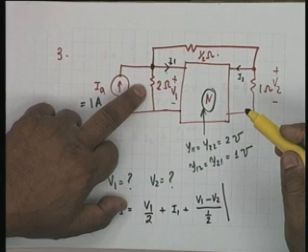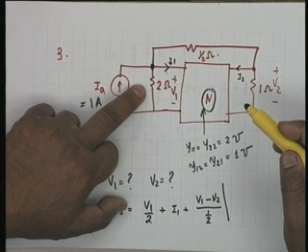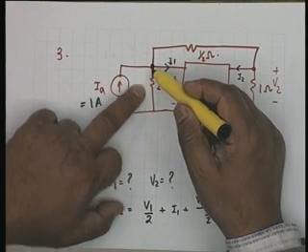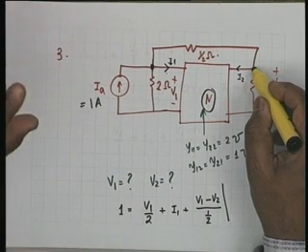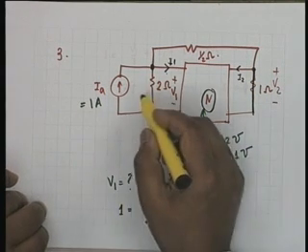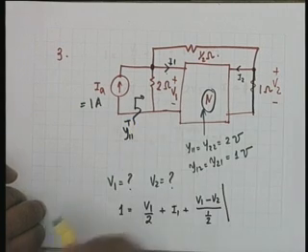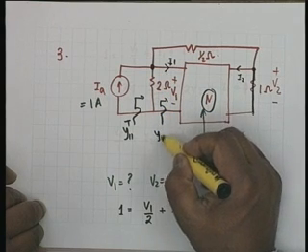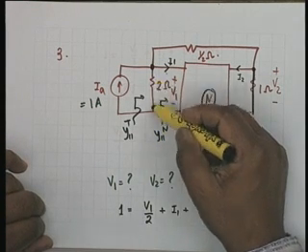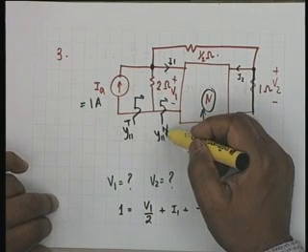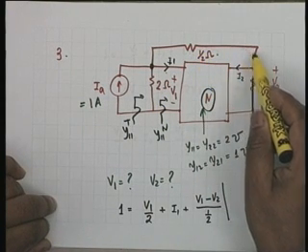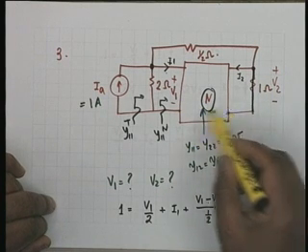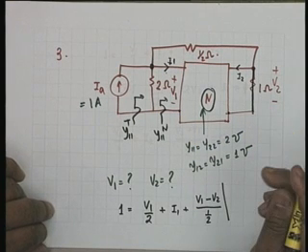Then my total y11 would be this admittance, half more, plus y11 of the network N, plus I don't know how this half ohm comes into this circuit, because I don't know what is connected between these two. So I have the same problem.